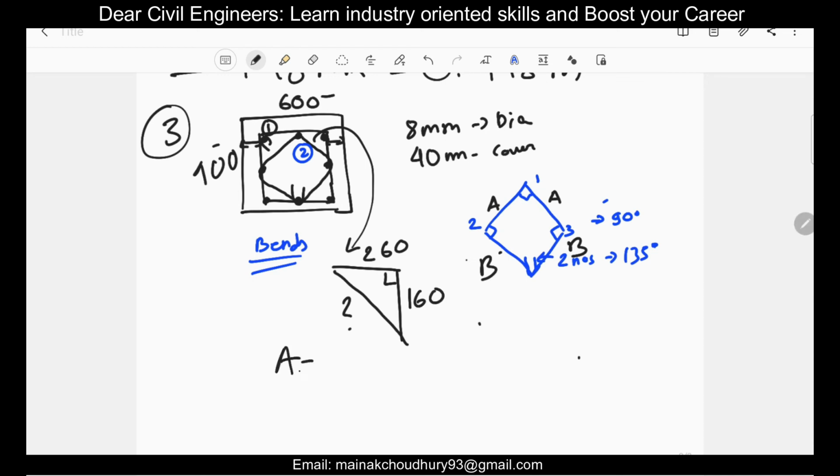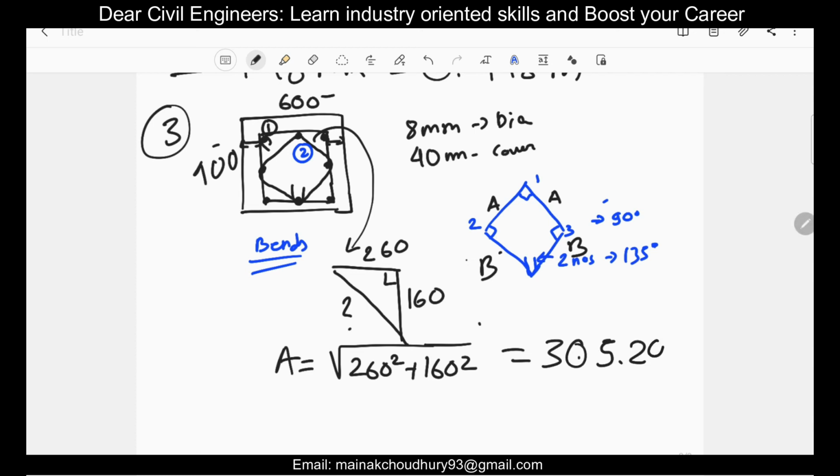So A will be your root over 260 square plus 160 square, and if you calculate this, root over 260 square plus 160 square, it will come as 305.29.